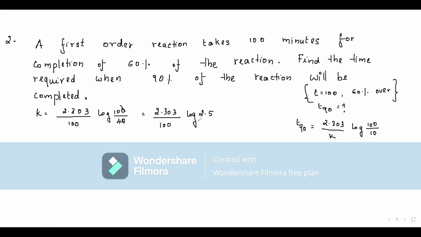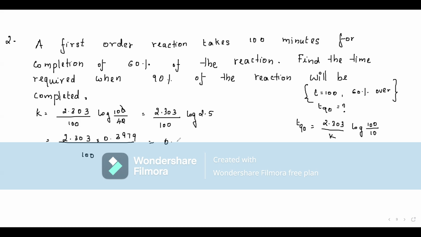So initially check what is log 2.5. Okay, log 2.5 is 0.3979. This by 100. So multiply 2.303 with 0.3979 divided by 100.